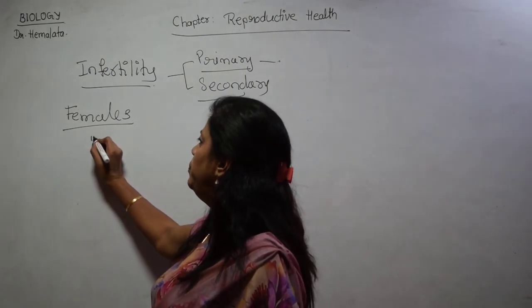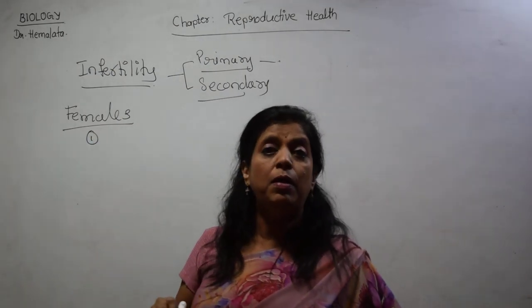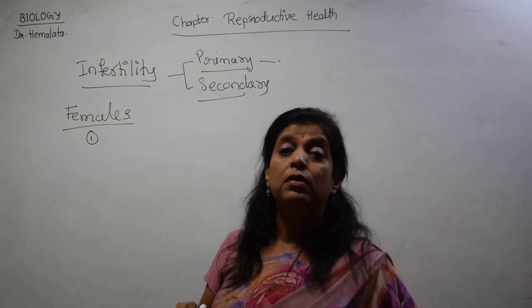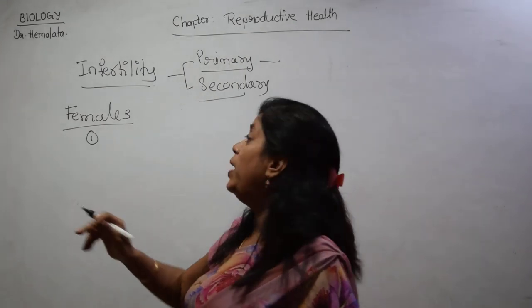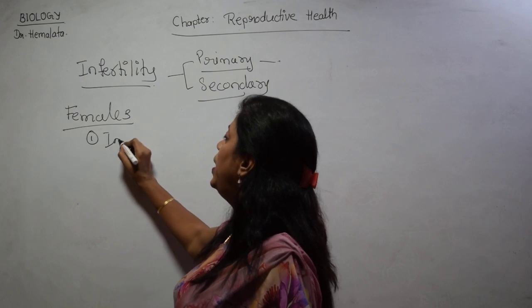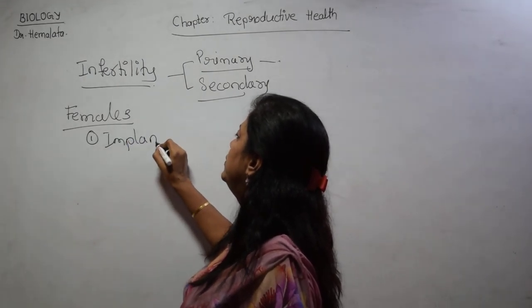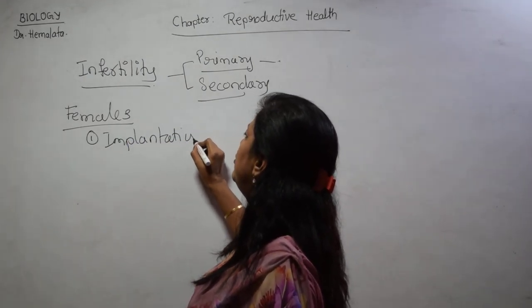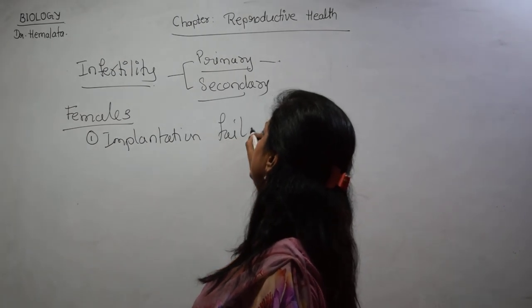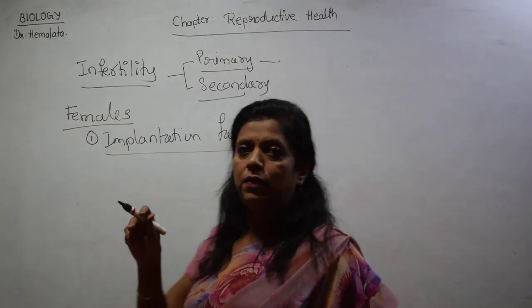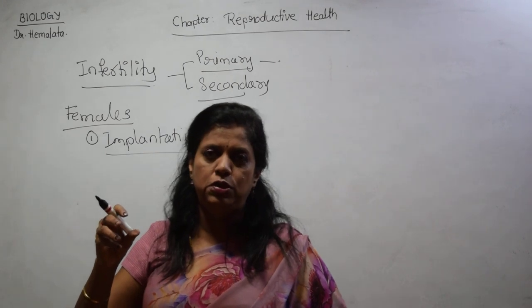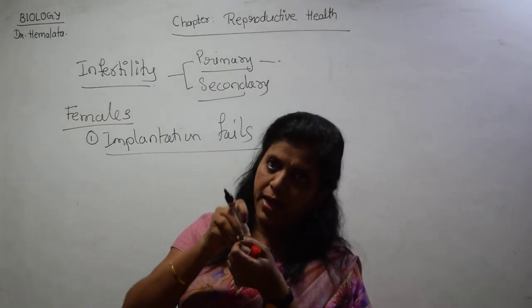Female. First important problem is inability of the zygote to get implantation, or implantation failure. What is this implantation? The fertilized zygote or the blastocyst, once it comes to the uterus, it has to attach.